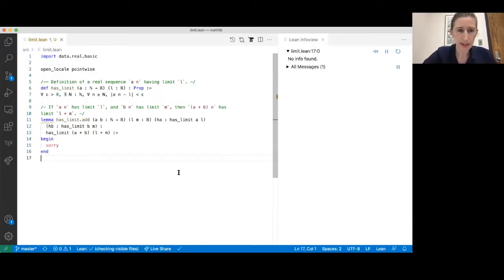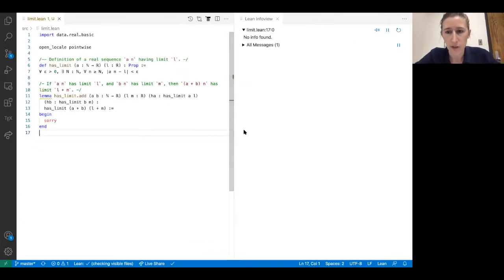I should now, I hope, have visible for all of you a screen which has two parts. The part on the left is where you write the computer code, and the part on the right is where you see the goal state that I was previously describing.